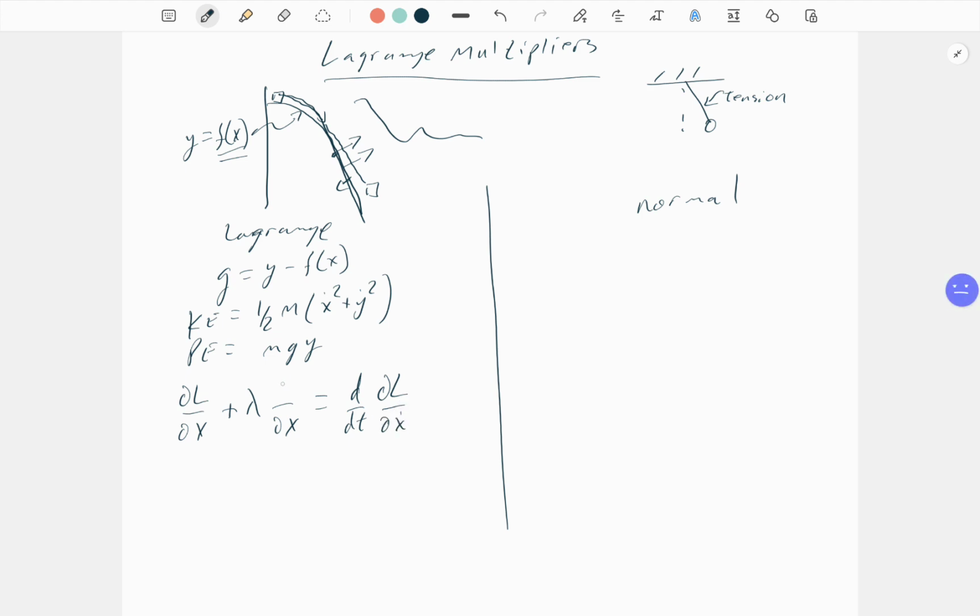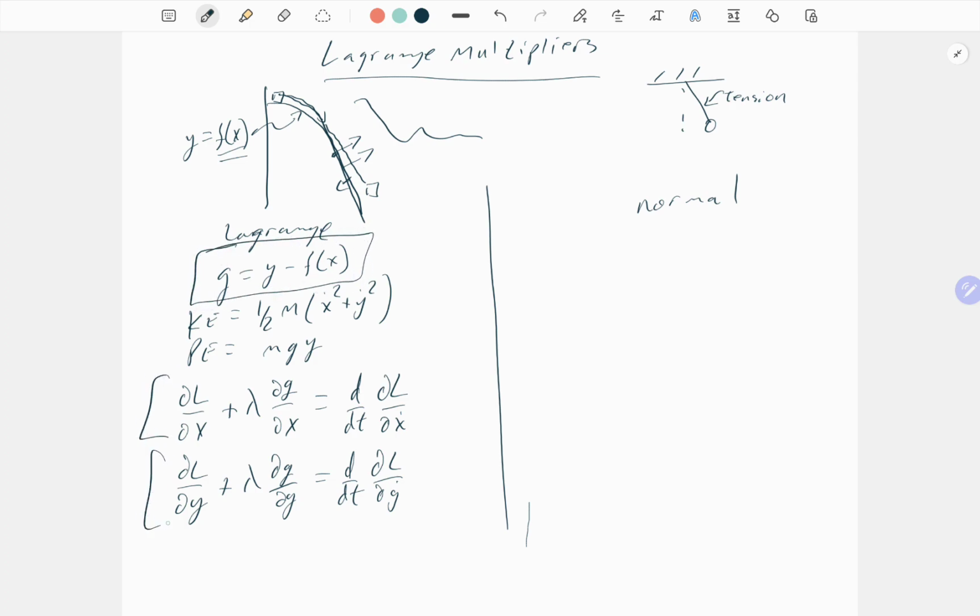This L should be G actually, the constraint function, right? So we get that one, and we get dL/dy plus lambda dG/dy equals d/dt dL/dy dot. And so there's a couple of equations, and then we use the fact that we have the constraint equation. So we've got that equation, this one, and this one. Those are our three equations, and we monkey around with them.